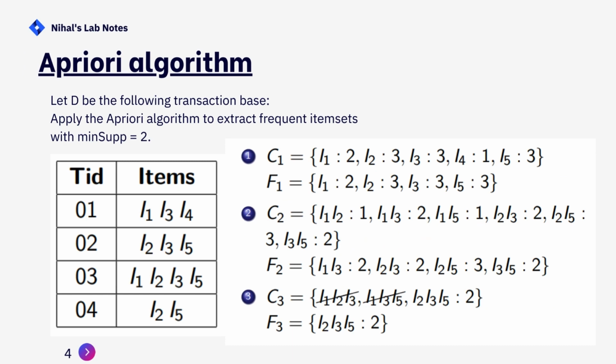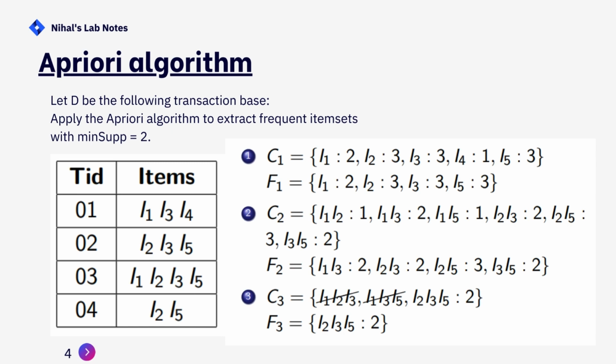So for C3, for 3 item sets, we can do a join between I1, I3 and I2, I3. Why? Because in the first we have I3, and in the second we have I3. So it gives us I1, I2, I3. Then I1, I3 with I2, I5 we cannot.